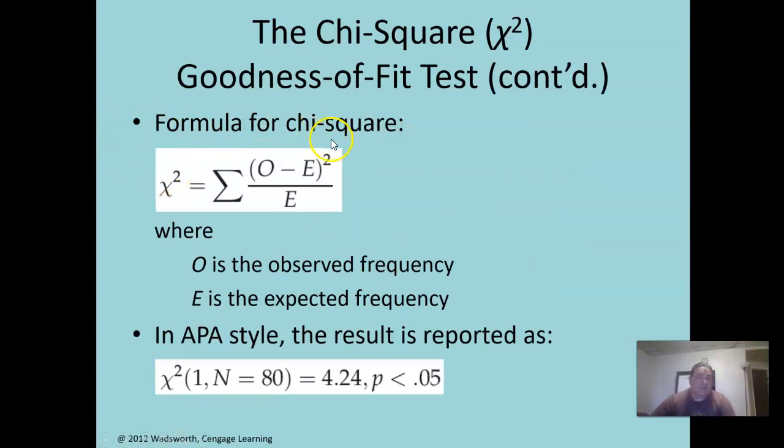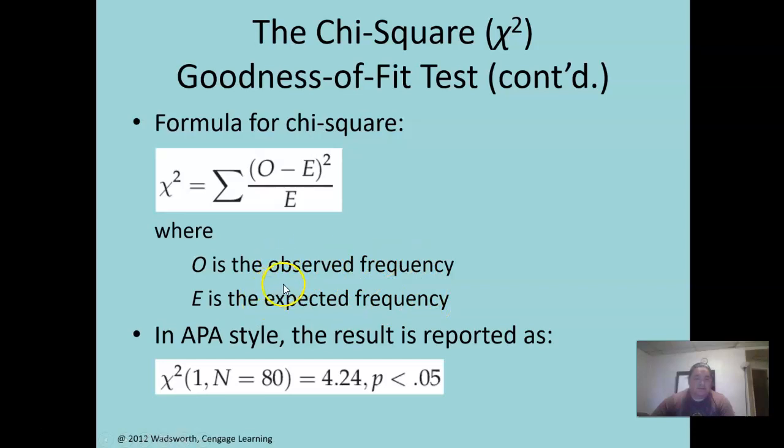So the formula for chi-square is chi-square equals uppercase sigma, the total of observed minus the expected, squared, over the expected. So O is the observed frequency, E is the expected frequency.